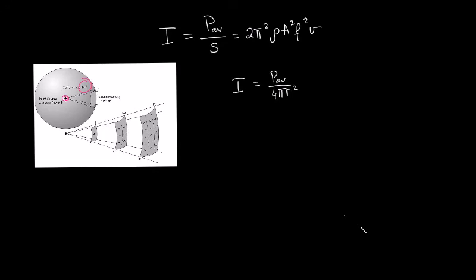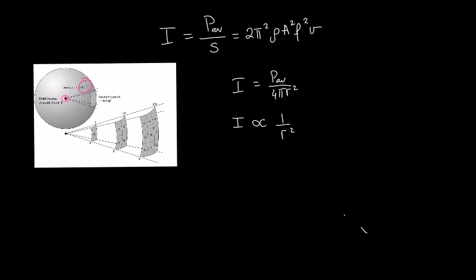If the power output is constant, then intensity decreases by r squared. In other words, intensity is inversely proportional to 1 over r squared, which means the greater the radius of the sphere, the less the intensity.